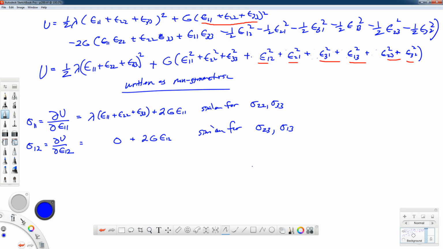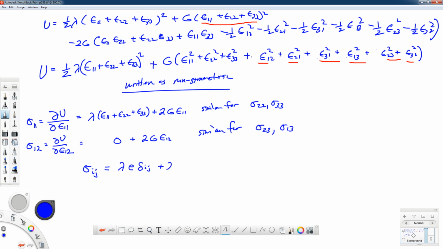Now, if we look at these terms all together, we can get an expression for sigma ij. It's equal to lambda times the trace of the strain tensor, which I'm going to call E. But this term only turns on when we have a normal strain, either 1 1, 2 2 or 3 3. So in index notation, I'm going to use a Kronecker delta ij. So see, when I have sigma 1 2, this term vanishes.